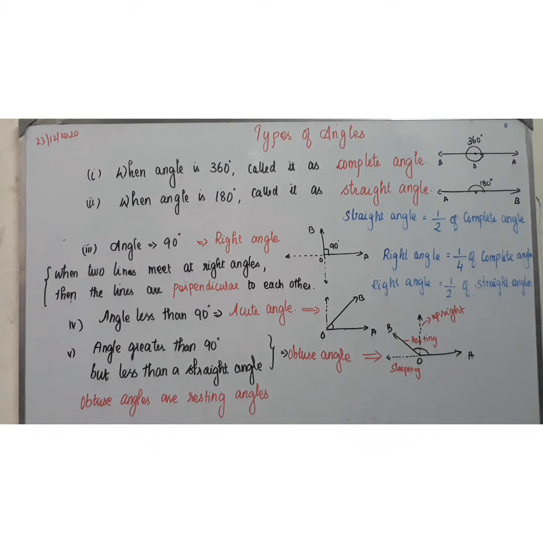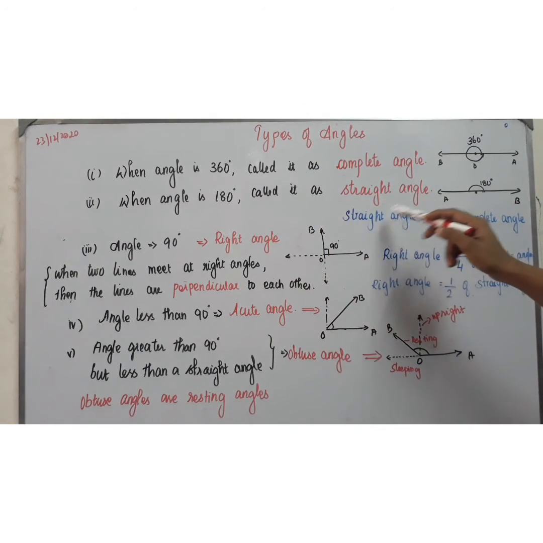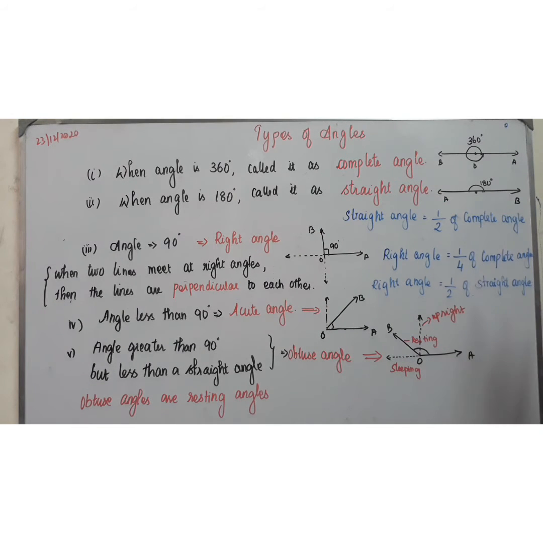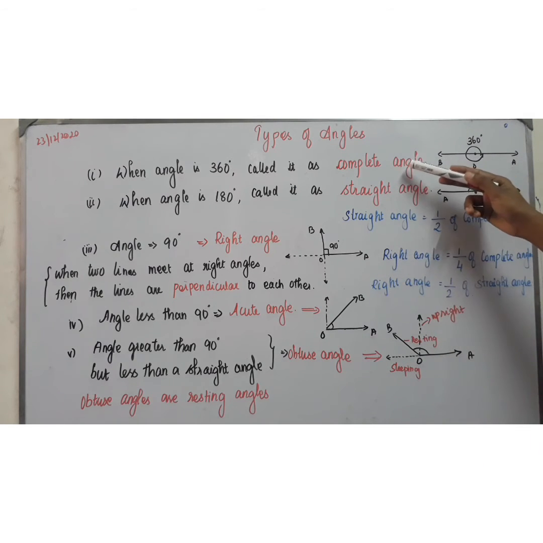See here the next one: when the angle is 180 degree, we call that a straight angle. We know that when the angle is 180 degree, both rays are in a straight line pointing in the opposite direction, and we call that a straight angle. You can compare the straight angle with the complete angle.